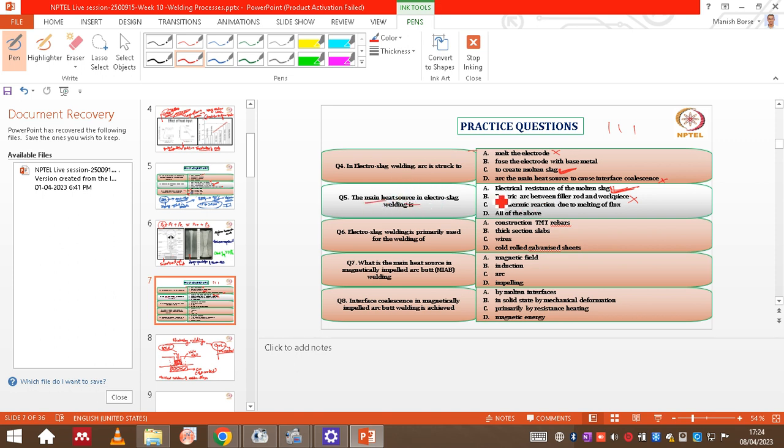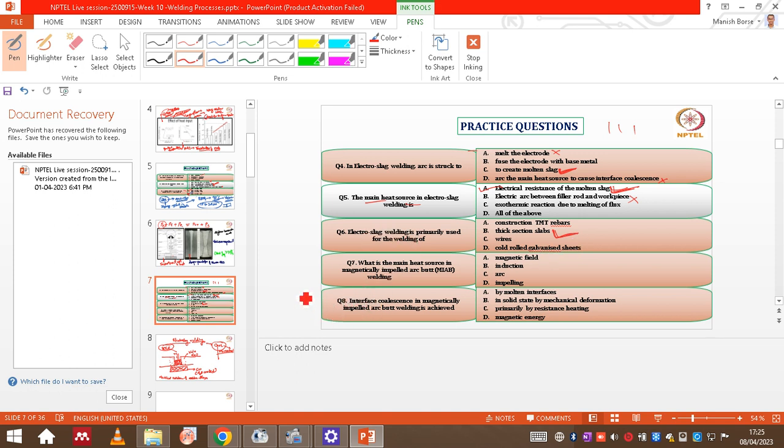They ask about the main heat source, so electrical resistance is the correct answer. And for the sixth question, electroslag welding is primarily used for welding of... obviously a large volume of material is melted at the interfaces, so it can be used for joining very thick section slabs. So option B is correct for the sixth question.